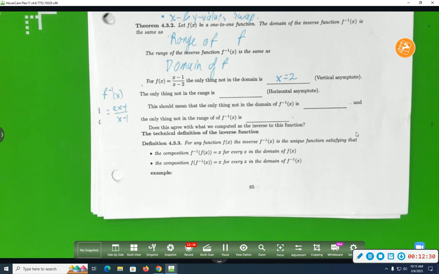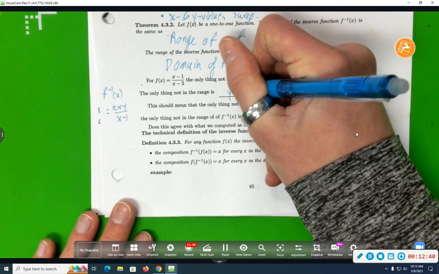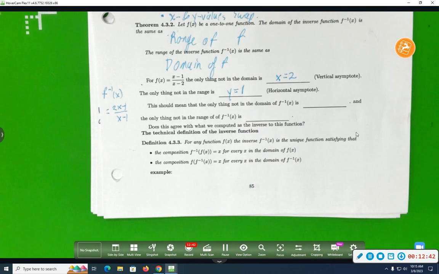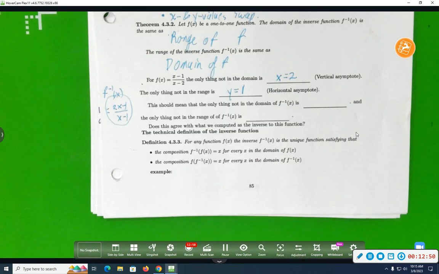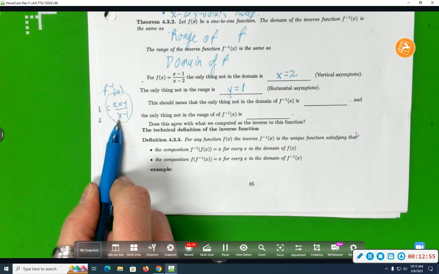Why 1? Since the coefficients are the same, you divide and it's just 1 divided by 1. Awesome. It's degree 1 over degree 1. Compare leading coefficients. So the only thing not in the range is y equals 1. Let's see if the exact opposite happens for the alleged inverse function. What's the only thing not in the domain of this function?